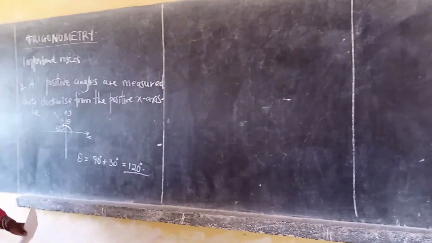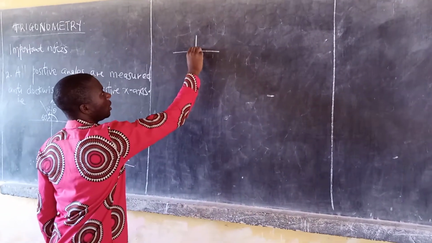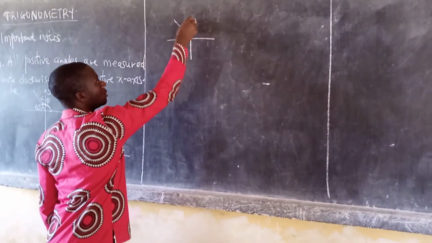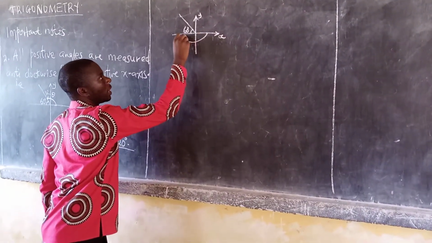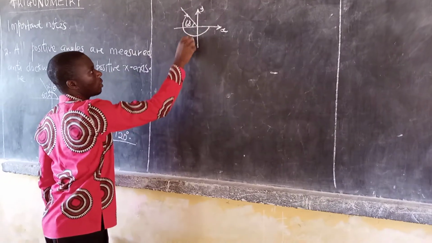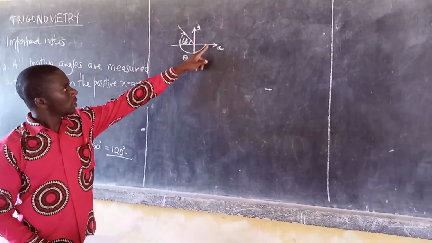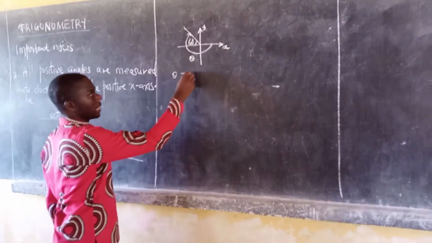So this angle treated in that way: this is 60 degrees, this is y, this is x. Beginning from the same point, we move like that, and this is our angle theta. So our angle theta equals this is 180, then we add 60 degrees, but in the negative.